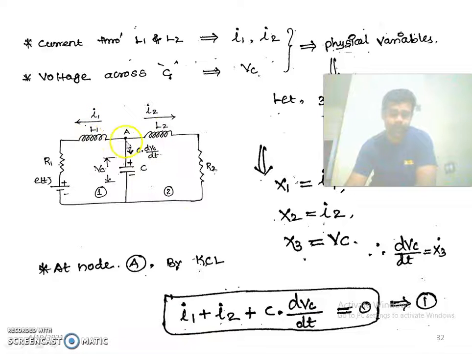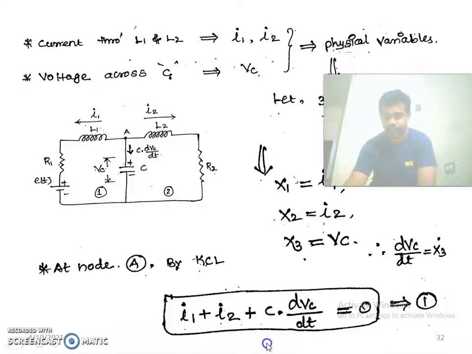So here all the currents are leaving the junction. According to Kirchhoff current law, incoming current is equal to outgoing current. Here all the currents are outgoing and there is no incoming current, so it is 0. The outgoing currents are I1 plus I2 plus C into dVc by dt.